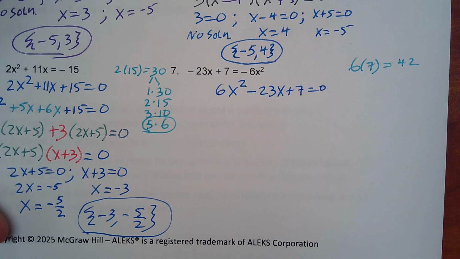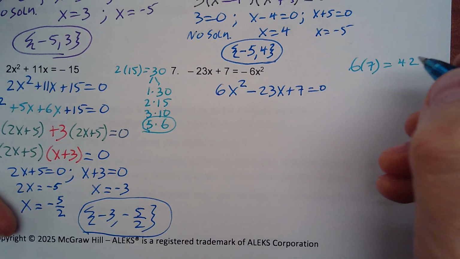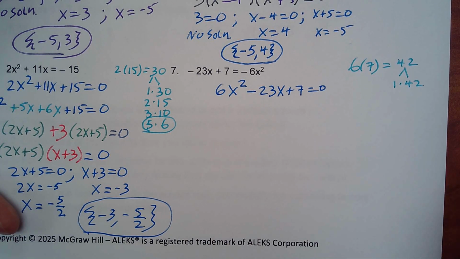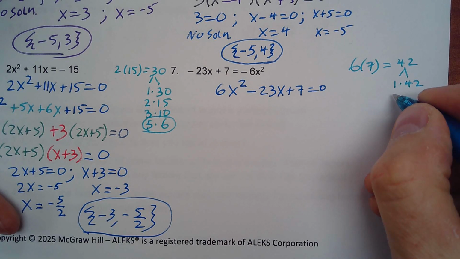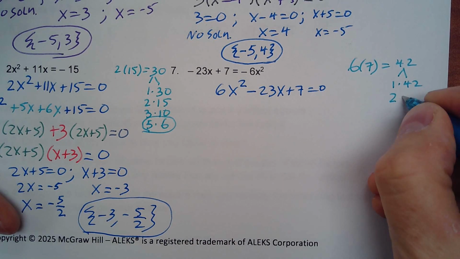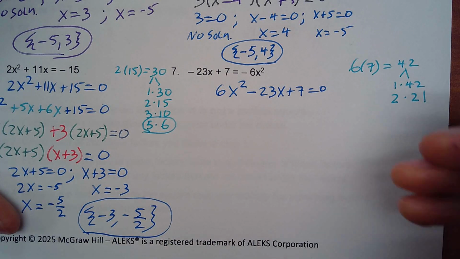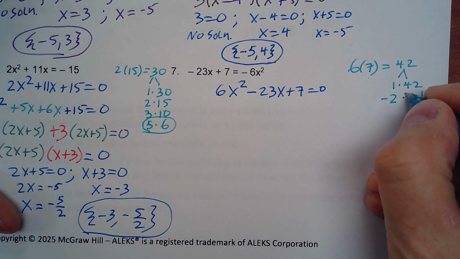Got to find factors of 42 that add up to a negative 23. 1 times 42, that gives us 43. 2 times 21, that adds up to a positive 23. We want it negative, so we need to make both of these negative.